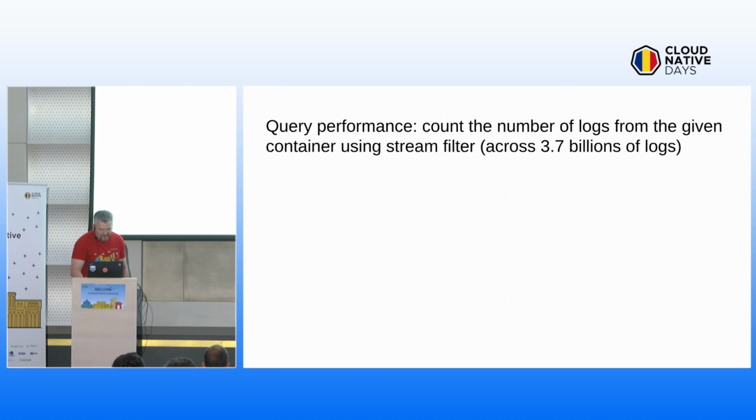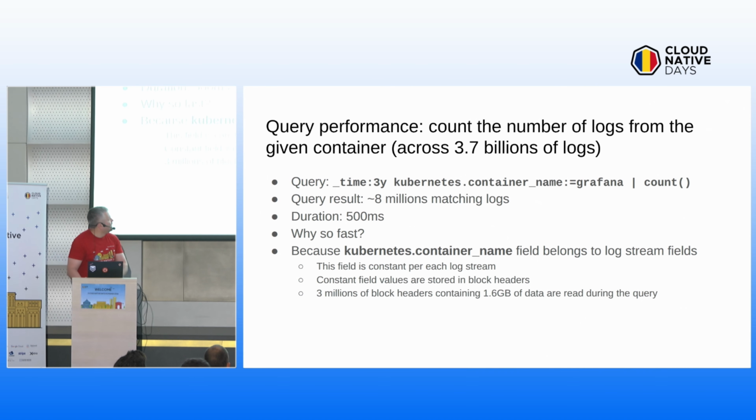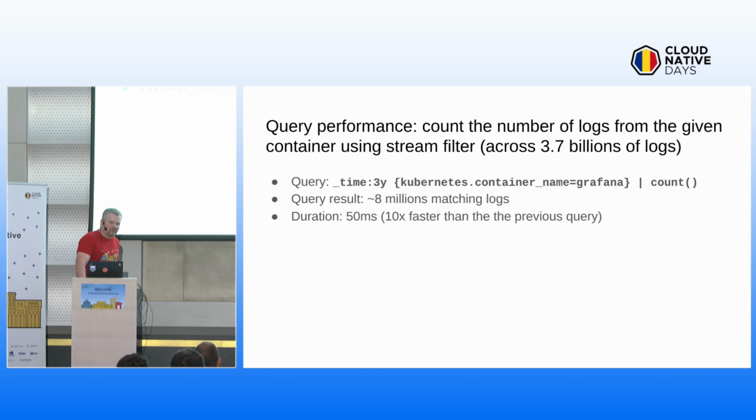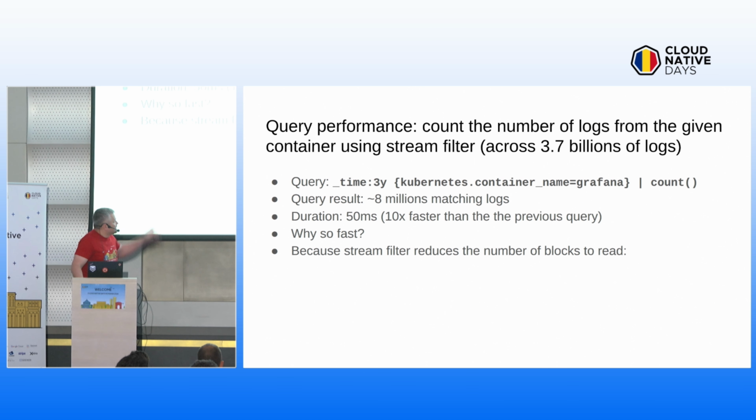You can compare this query to that query, and you see these curly braces here, these are stream filters. If you execute the query, you will get the same results, but the query performance will be 10 times faster. Why? Because when you use stream filters, VictoriaLogs can reduce the number of blocks or block headers to scan.